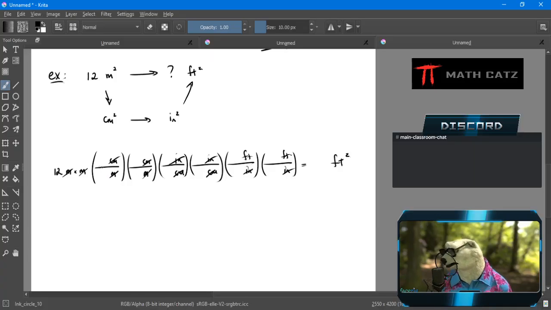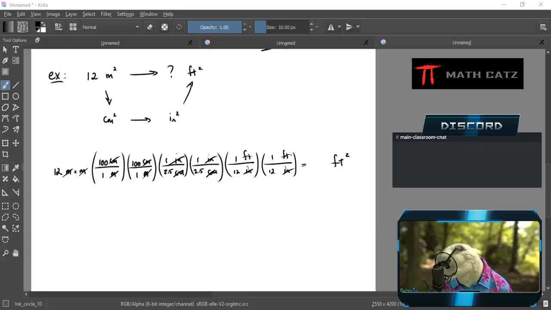Now I fill it in. Meters to centimeters: 1 meter, 100 centimeters, 1 meter, 100 centimeters. Doesn't really get any easier than this, let's be honest. 1 inch, 2.5 centimeters, 1 inch, 2.5 centimeters, 1 foot, 12 inches, 1 foot, 12 inches. Ready for the calculator. My planning is done.